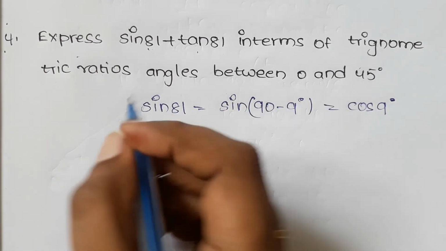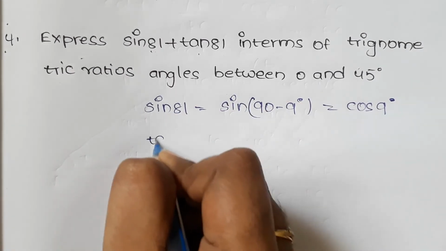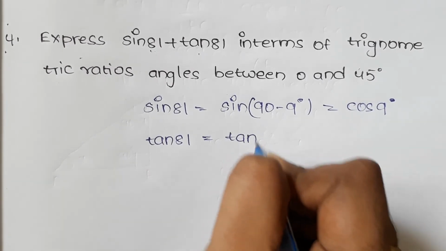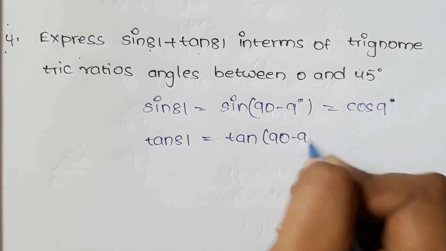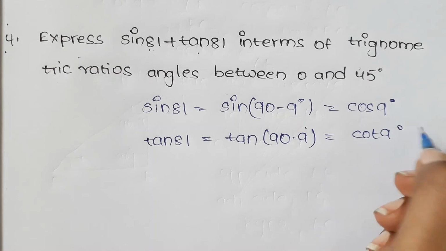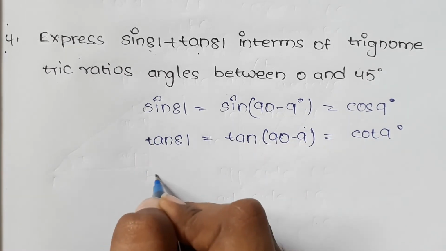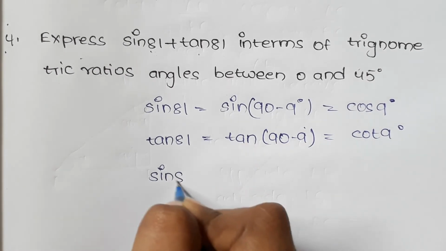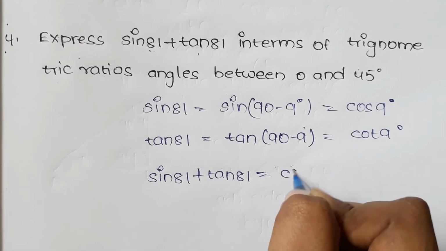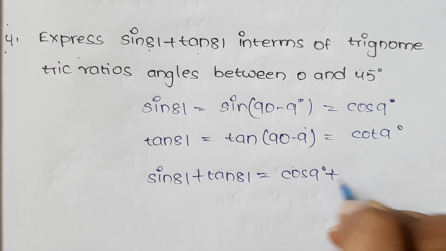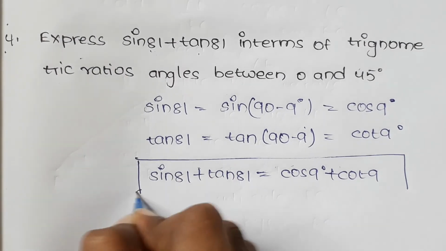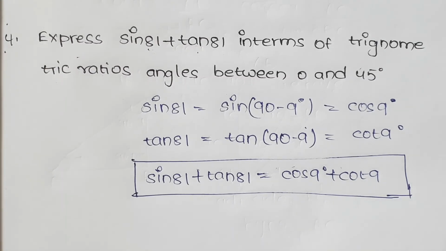And tan 81 we can write as tan of 90 minus 9, and we get cot 9. So sin 81 plus tan 81 equals cos 9 plus cot 9. And this is about the fourth one.